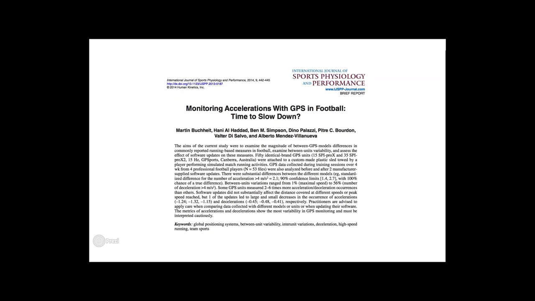Even if you update your software in a GPS, you might get different metrics. So as with everything we do in training and modeling, we always have some assumptions. The assumptions are very important, but in this GPS talk, we're going to assume that all the GPS metrics are valid and reliable.